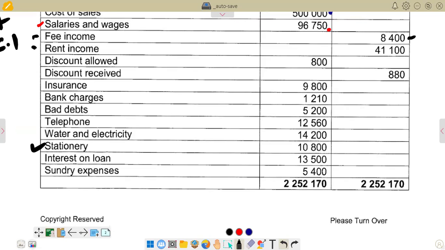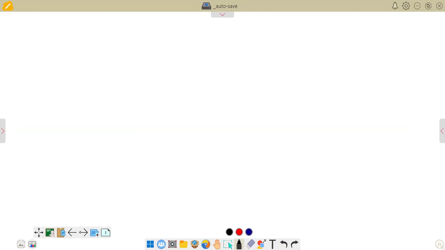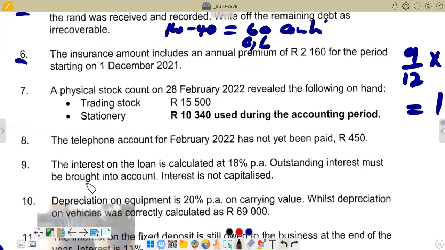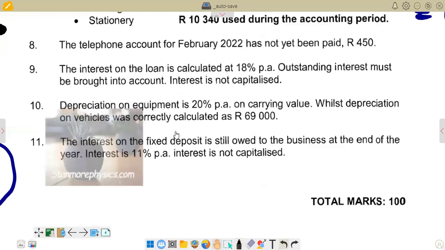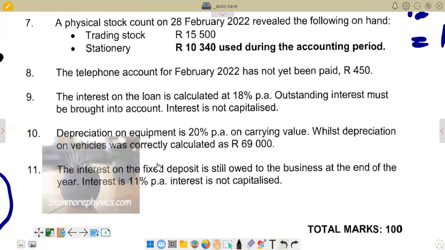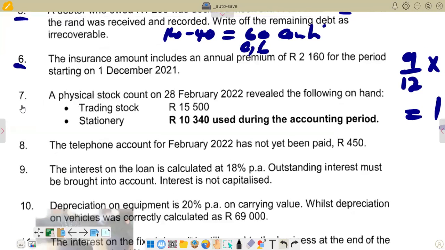Let's go to additional information. Let's look for anything that has to do with an explanation on stationery. On item 7, it says that on 28 February 22 a review showed the following on hand. We have got 15,500 for trading stock, then stationery 10,340 used during the accounting period. So it means the figure that we have for stationery is 10,340, representing the one that was used.